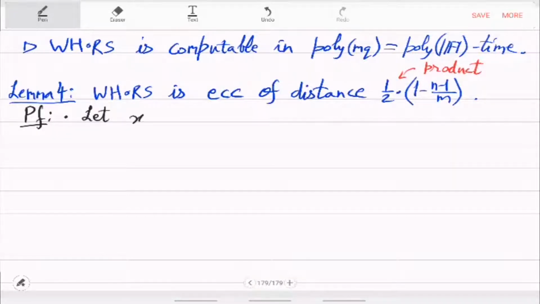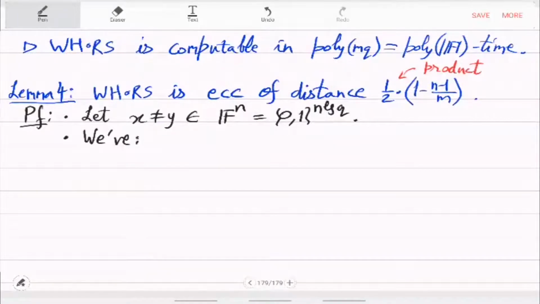Let x and y be n-tuples from the field which you are now viewing as binary strings.